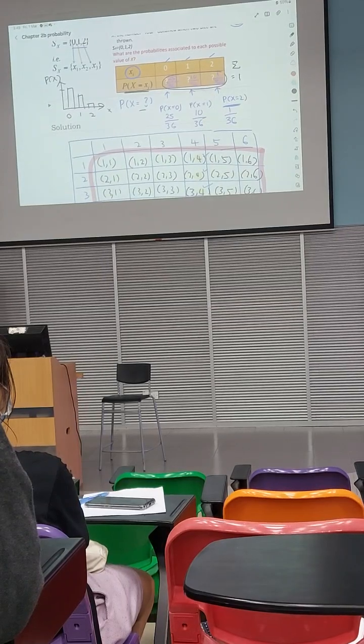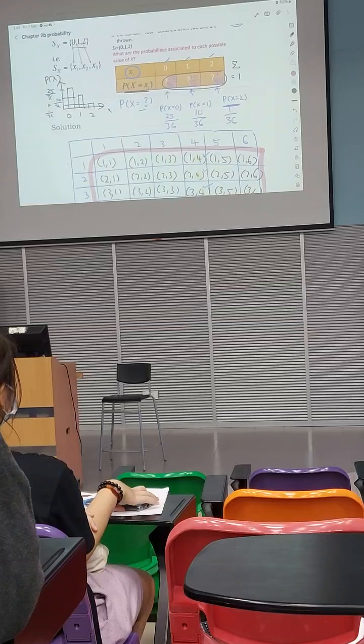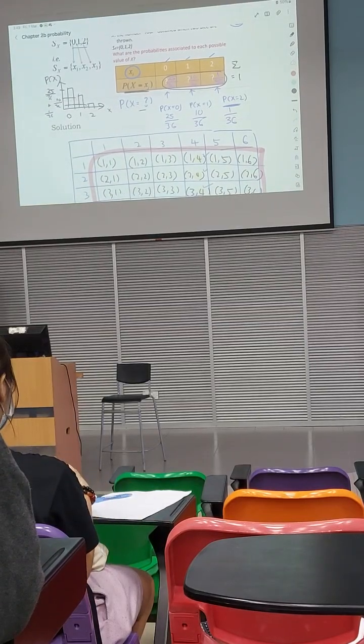So this is 25 over 36, this is 10 over 36, and then this is 1 over 36. So this is called probability distribution, which can be plotted using a histogram. Can understand?